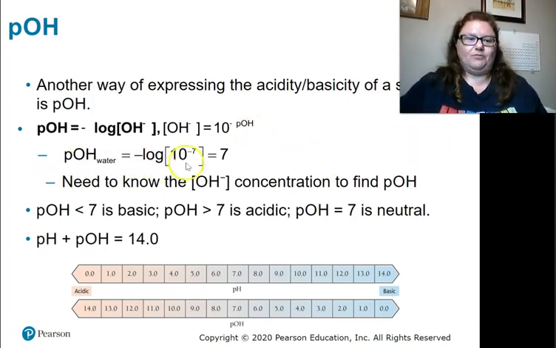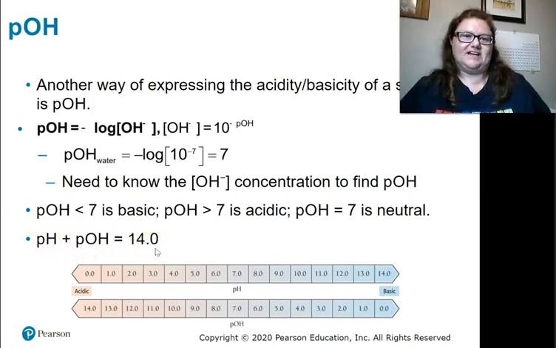And so we're using negative log again. We need to be given the hydroxide ion concentration or figure it out with Kw. And the pH plus the pOH has to come out to 14. We did say that sometimes we have a value less than 0 or greater than 14, but for the most part, we're sticking in that range. So we're going to go ahead and make this statement that pH plus pOH is going to equal 14 even.